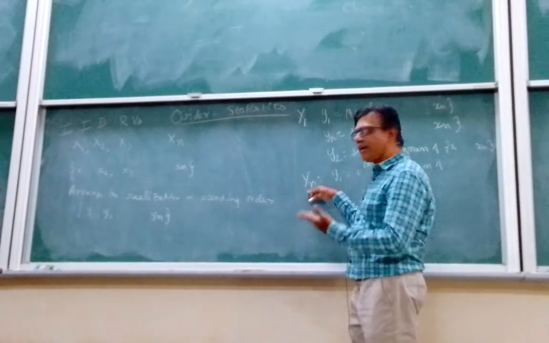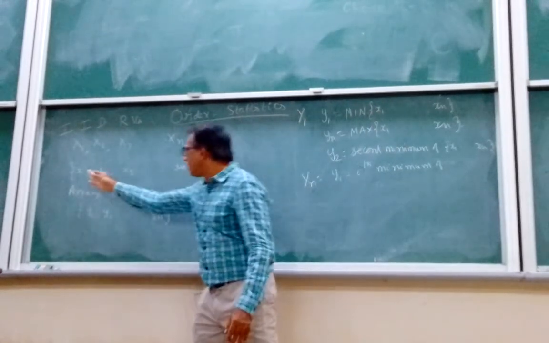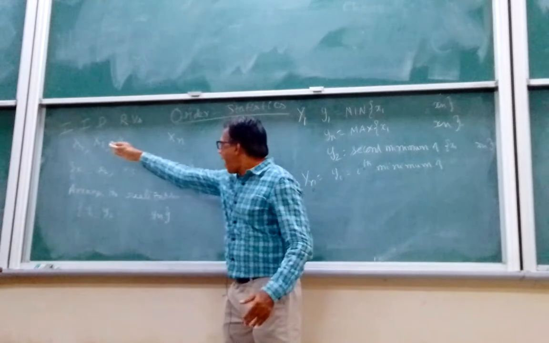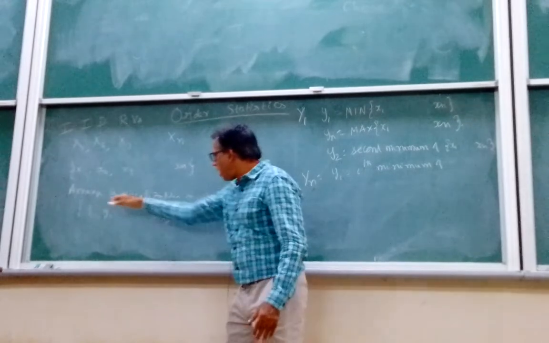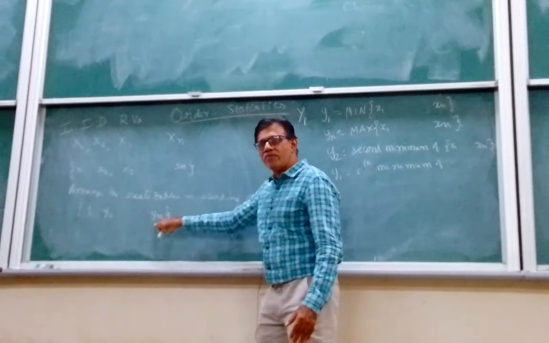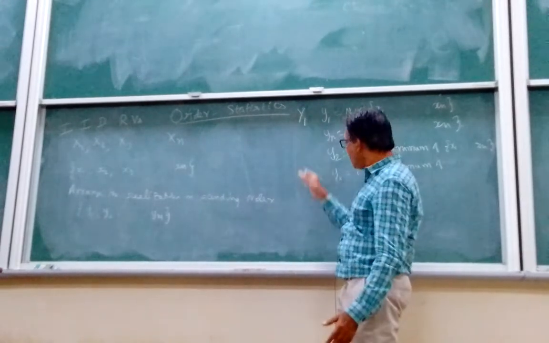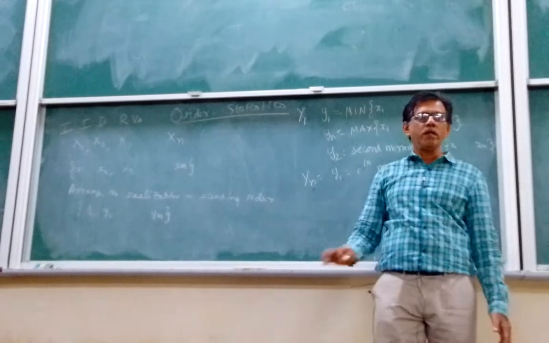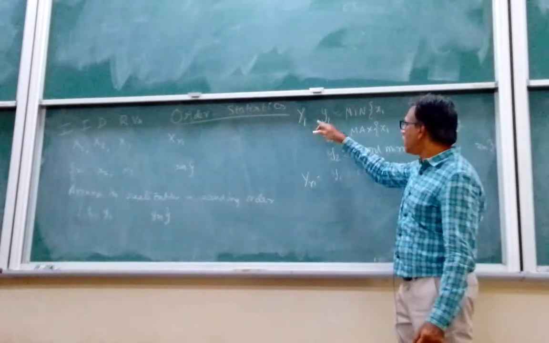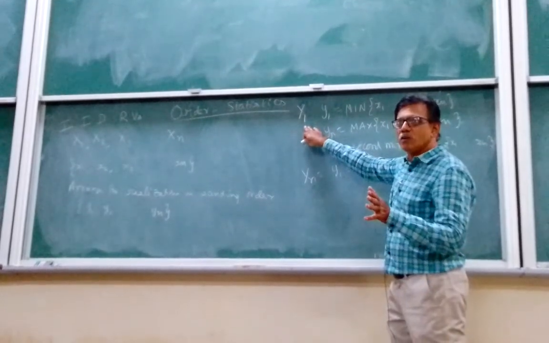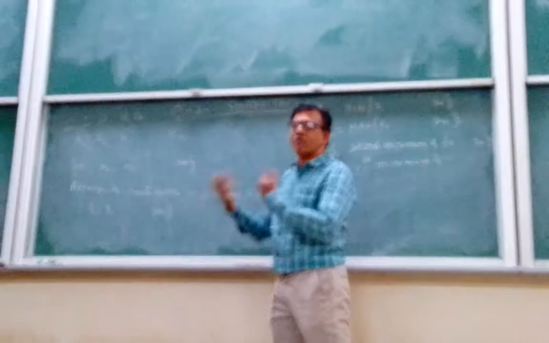How do I find a realization of capital Yn? I conduct the experiment and get the realizations of capital X1 to capital Xn, which are small x1 to xn. Then order them and find yn. That would be the realization of capital Yn. So y1, y2, y3 are all random variables whose realizations are like this. But you cannot find y1 alone. To find it, you have to get a realization of all n random variables, order them and then get it.